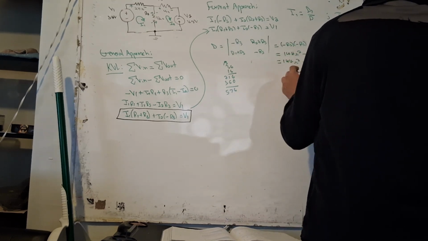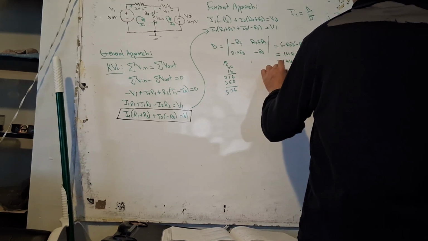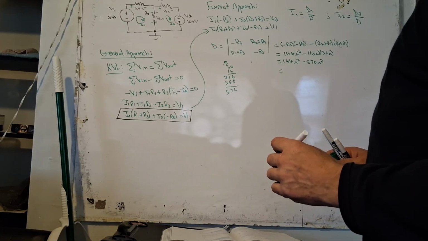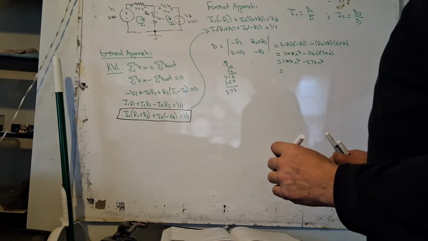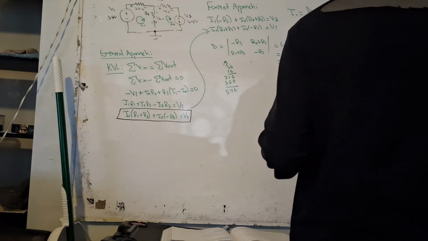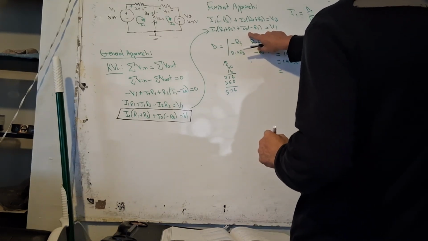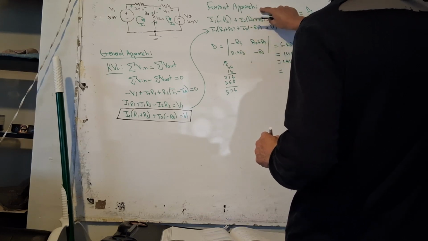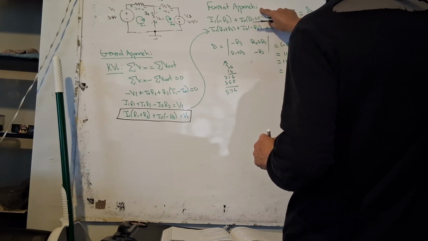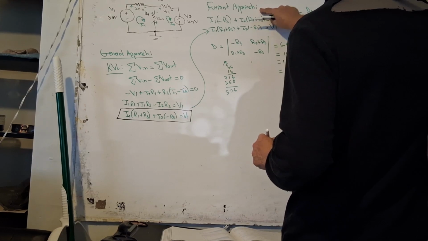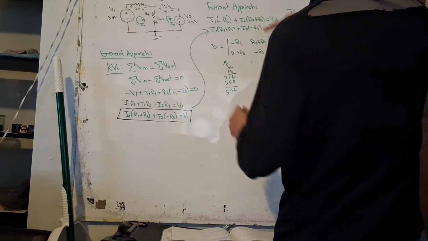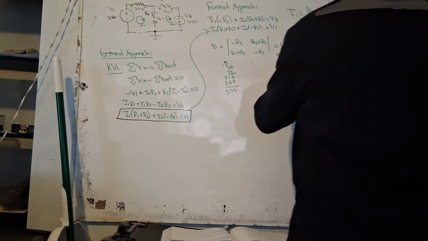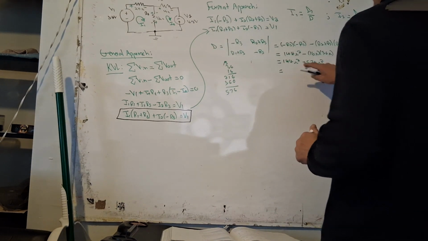And then when we subtract this, we get a negative value. If this were up here, then it would be this value minus this.